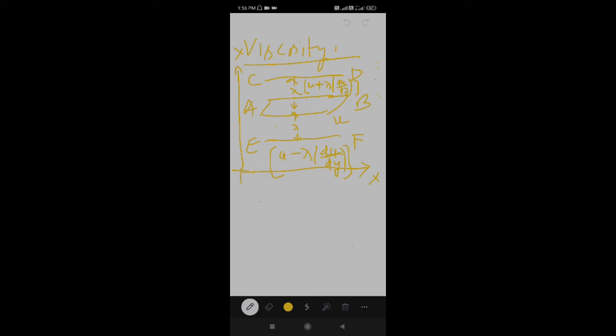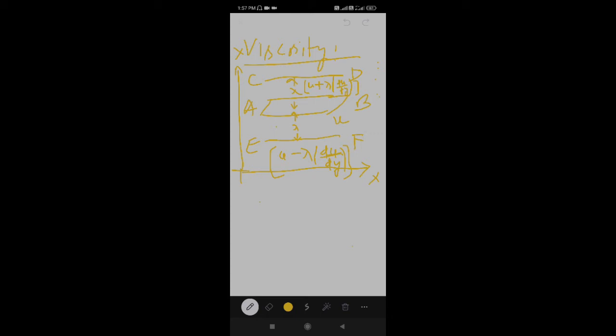See, the upper layer, which has high velocity, is exerting some force on the AB layer. Actually all these molecules are moving along the x direction. Molecules in the CD layer are moving with high velocities. That's why they give some momentum to the molecules of the AB layer in the forward direction, right?